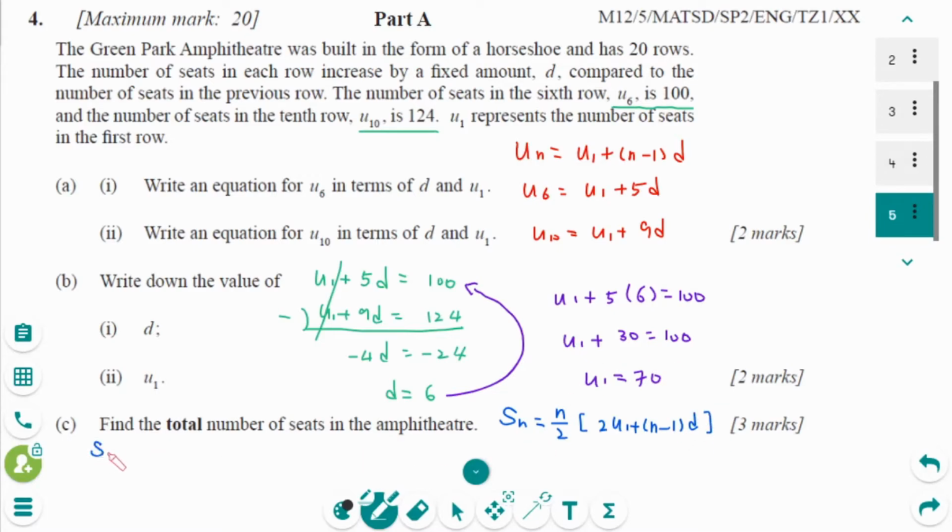Then S20 equals 20 over 2 times 2 times 70 plus 19 times 6 equals 10 times 140 plus 114. The final answer is 2540.